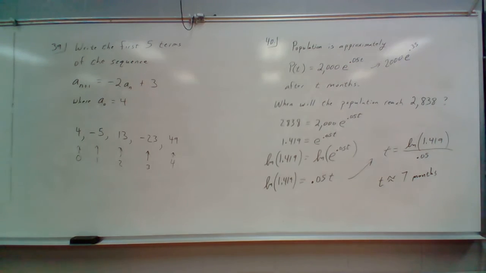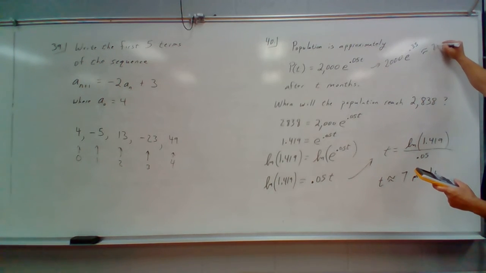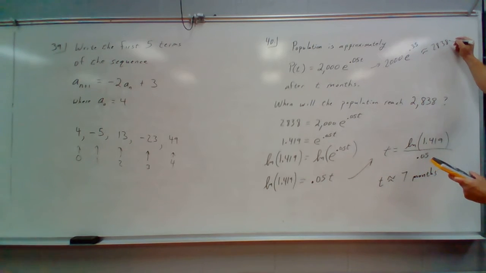All right, so then I can just ask my calculator what 2,000 times e raised to the 0.35 is. And I find that that's approximately 2,838 point something. So it's really close to the right answer. So we can be confident we got it right.